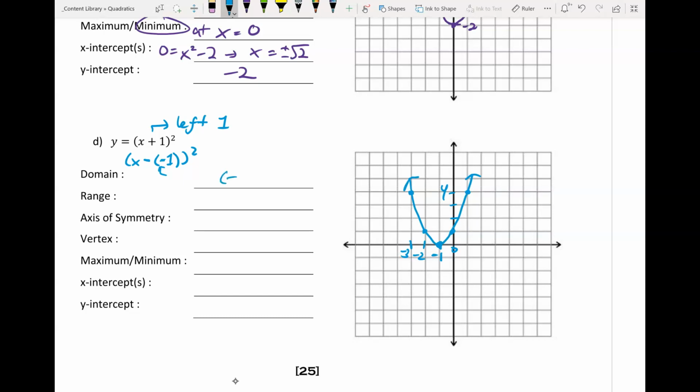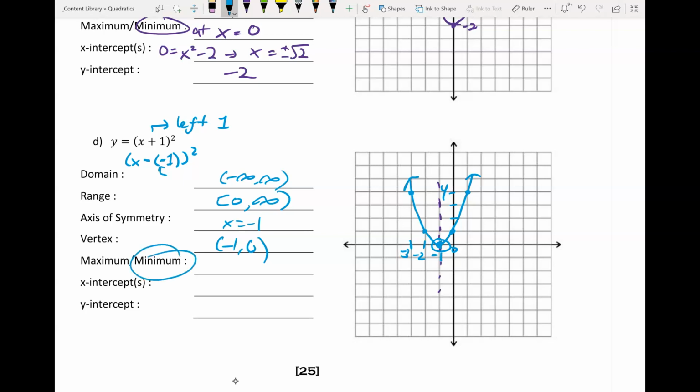So your domain doesn't change. Your range is going to be from 0 to infinity because your lowest point is at 0, y equals 0. Axis of symmetry now is at x equals -1, which is your x value of your vertex. Your vertex is at -1, 0, which is this point here.